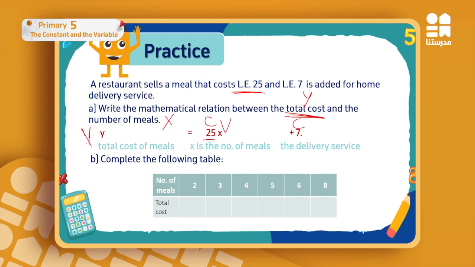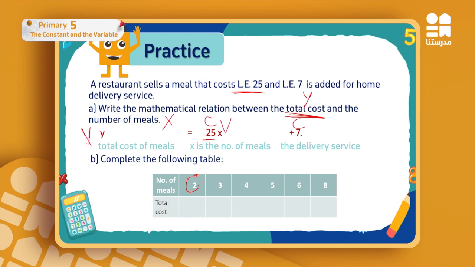I will use the relation mentioned above to fill in this table. The first one: if the number of meals is 2, then y, the total cost, equals 25x, meaning 25 times 2, because here I'm asking for 2 meals, or the total cost of 2 meals.